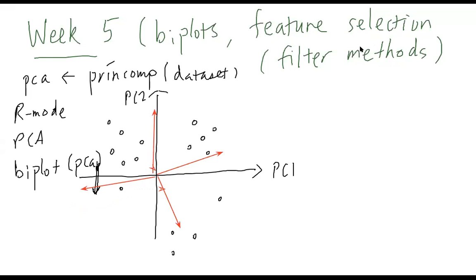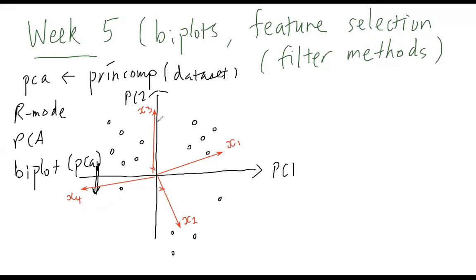Each of these represents a particular variable. Let's say this is variable 1, this is variable 2, this is variable 3, and this is variable 4. What happens is that it actually scales.